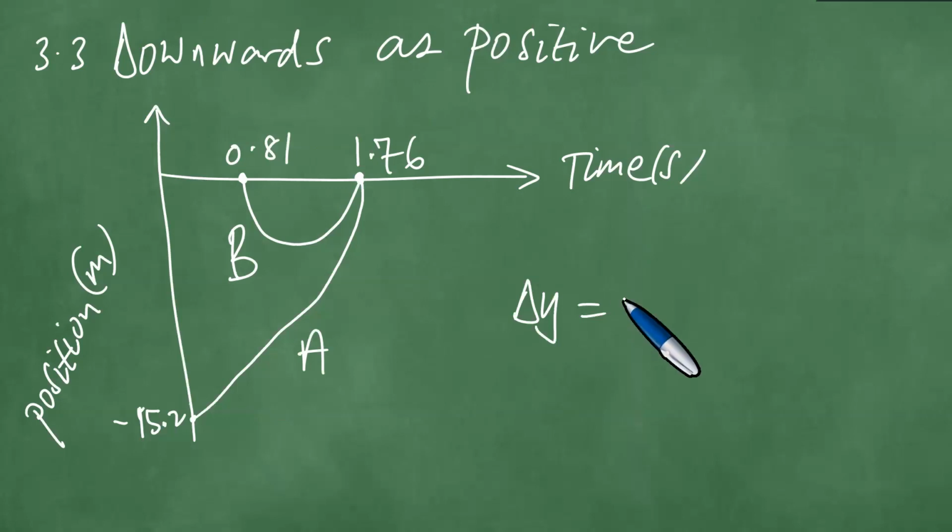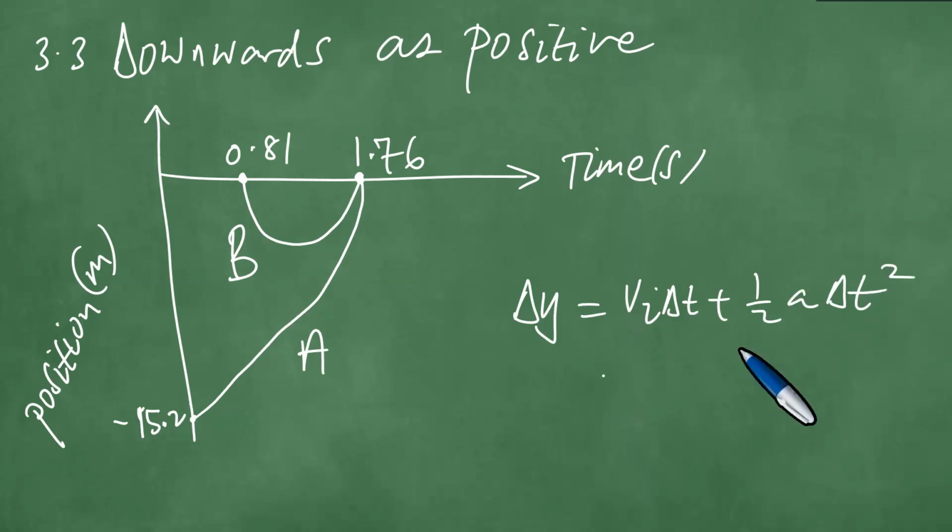Change in y is vi delta t plus half a delta t squared. So there was a sudden change like this in the position relative to time, but the relationship is parabolic because of the quadratic 2 in time. So that's why it follows this sort of path here.